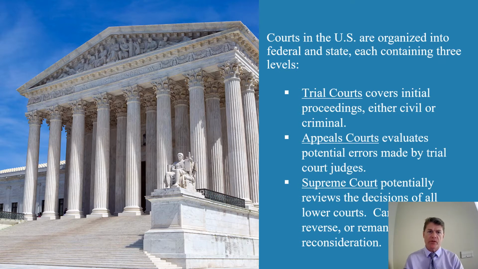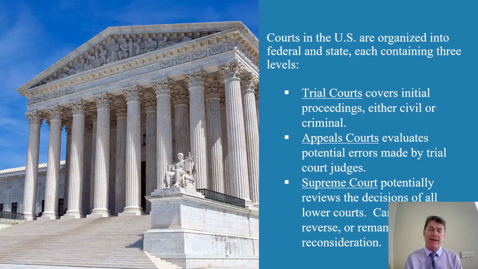And so the appeals court, the middle layer as you're going up the pyramid, has to decide: at trial, did everything happen correctly or not? And again, at the end of the appeals court process, somebody wins, somebody loses. The party that lost at the appeals court level, if they feel they should not have lost, has one more shot by going to the Supreme Court.